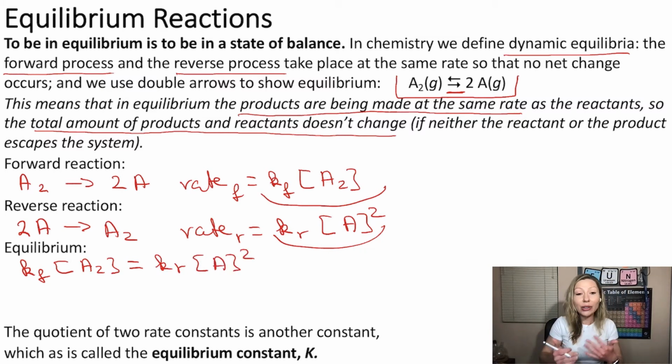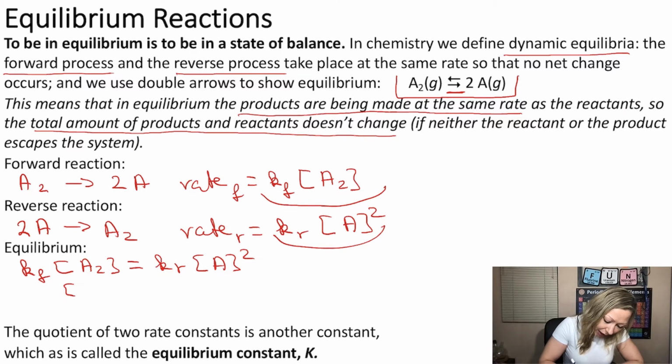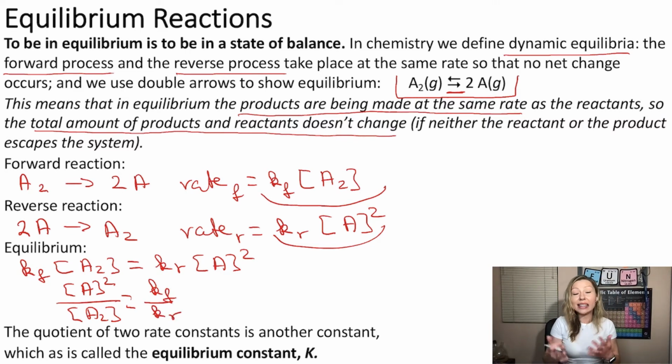I can rearrange this and get the following: the concentration of A squared divided by the concentration of A2 equals k sub F divided by k sub R. And the quotient of the two rate constants is going to give us another constant. And this constant is simply called the equilibrium constant, K.